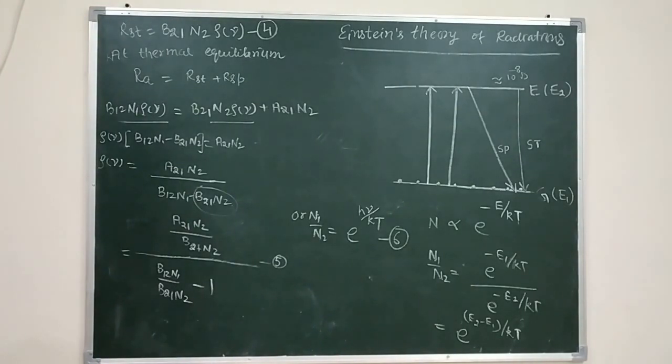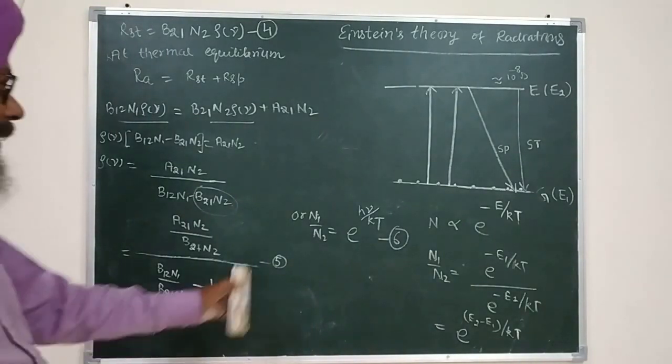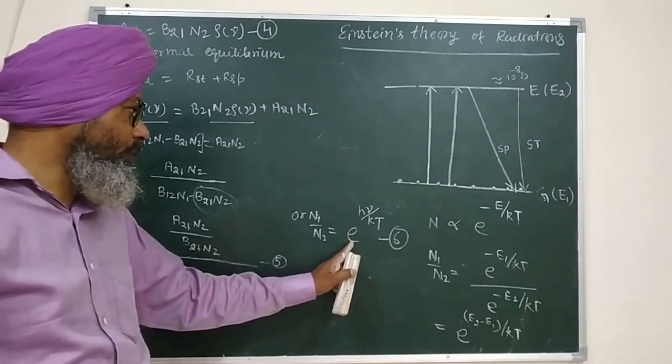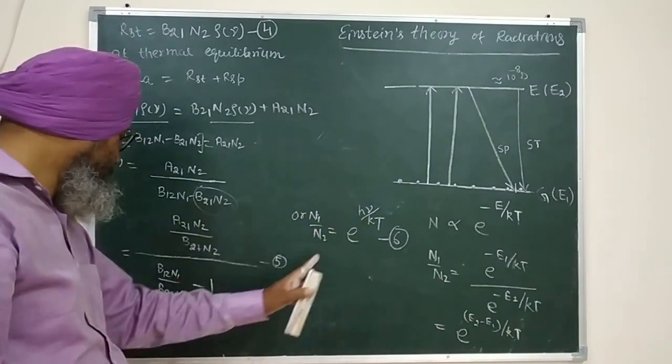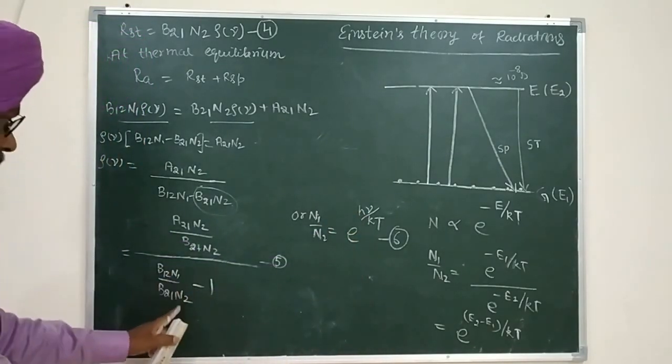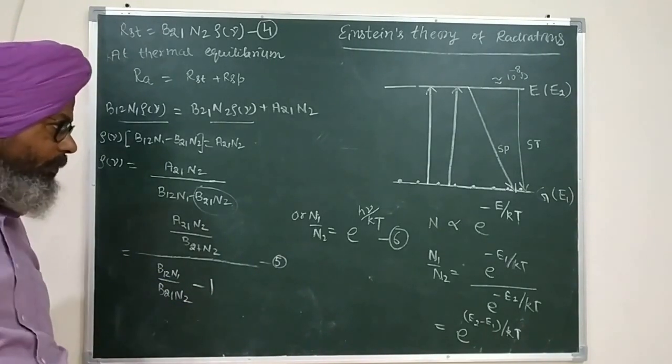Now I have the value of N1 by N2 which is equal to e raised to power h nu by KT. I can put this value of N1 by N2 in equation number 5.